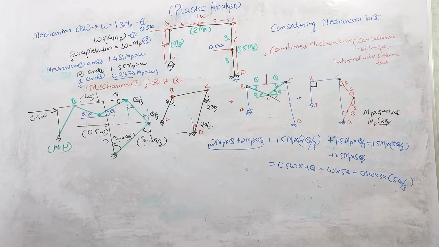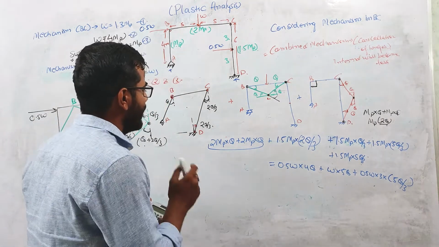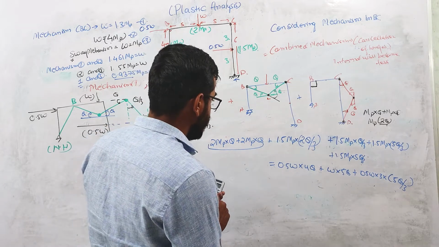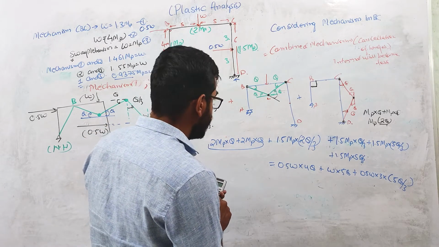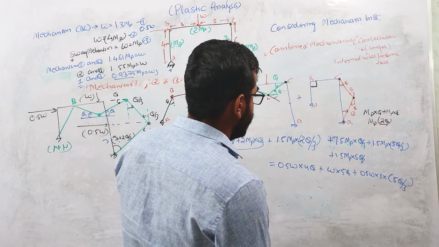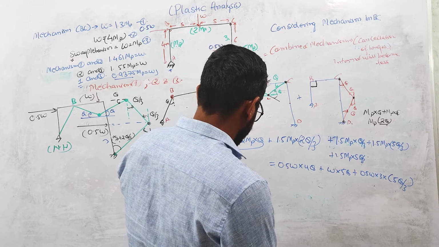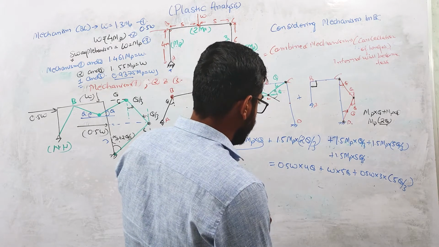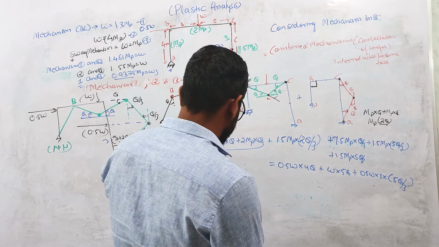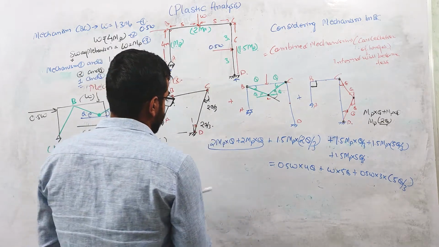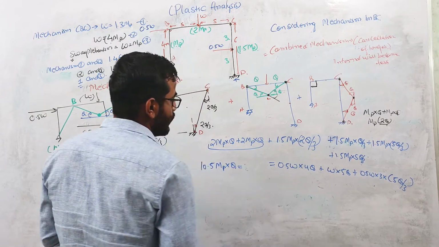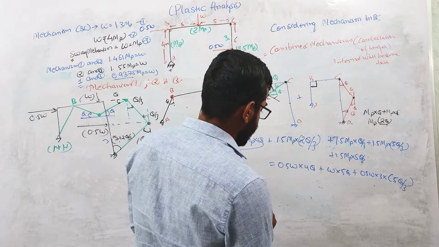So if you solve this equation and calculate the value of W, we will be calculating the value of W now. So this is 2 plus 2, this is 0.5 plus 1, again this is 0.5, this is 2.5. So this is 10.5 MP into theta. This is equal to, this is 7.